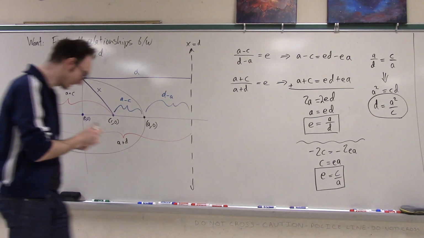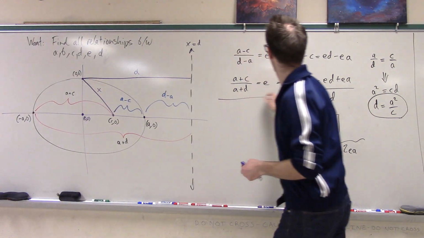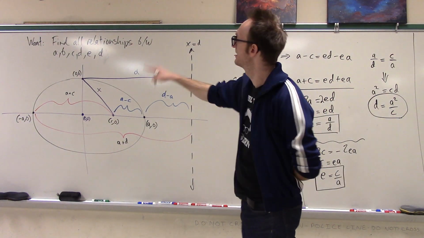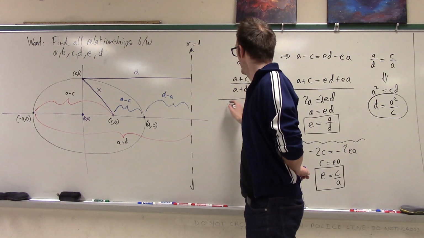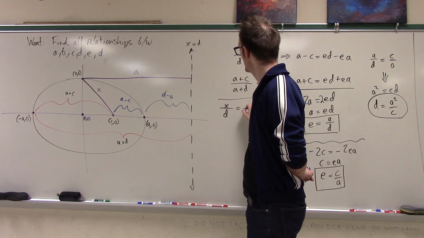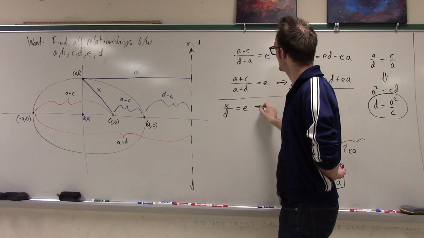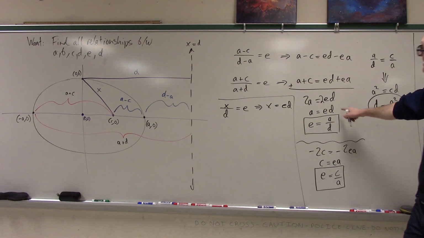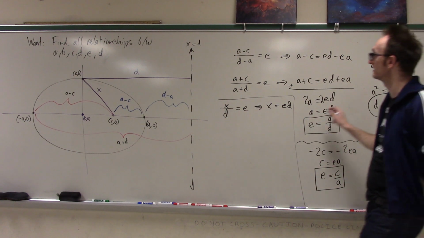And then what do I learn by applying the definition? I learn that from that point 0b, the distance to the focus, which is x, over the distance to the directrix is E, the eccentricity. But that means that x has to be ED. And we've just seen a minute ago that A is ED.